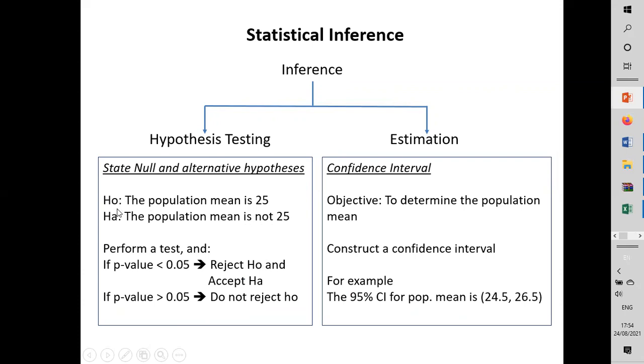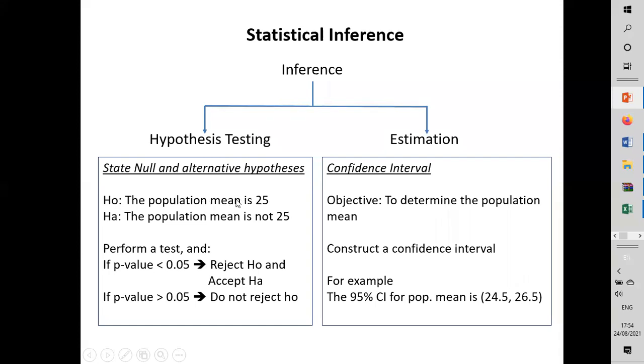This is called the null hypothesis, this the alternative. So perform a test, if the p-value is less than 0.05, we say reject H null and accept the alternative. If the p-value is more than 0.05, we say we do not reject H null. The evidence is not enough to reject it.